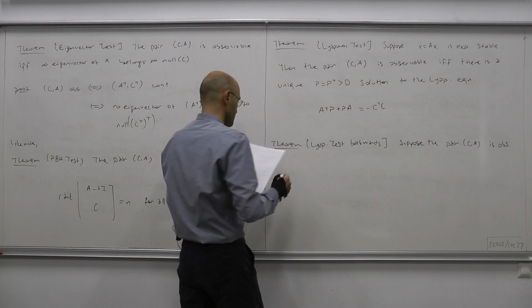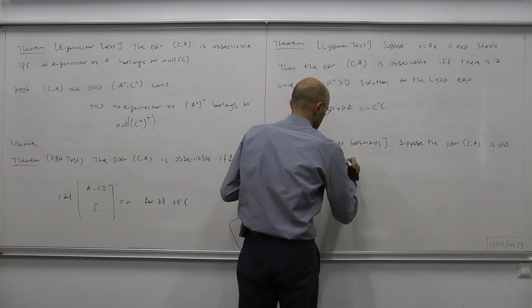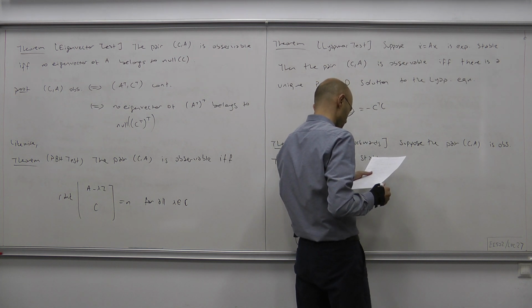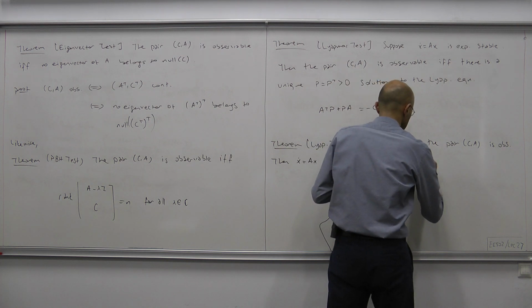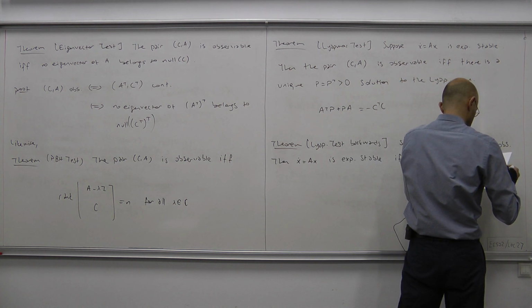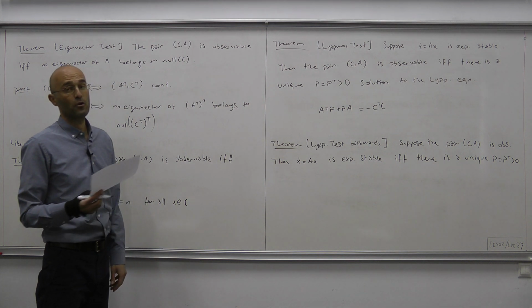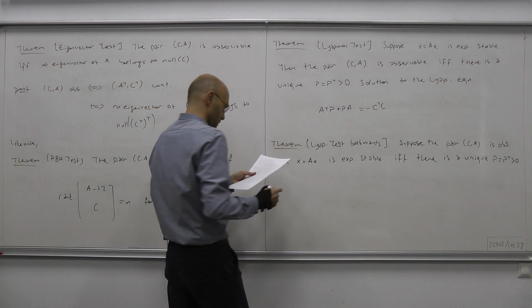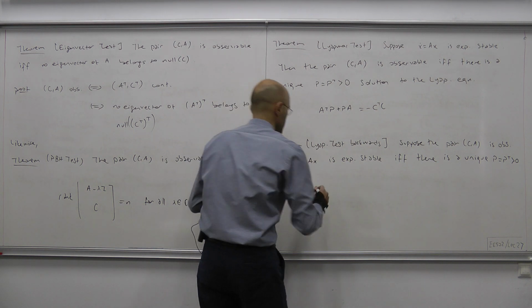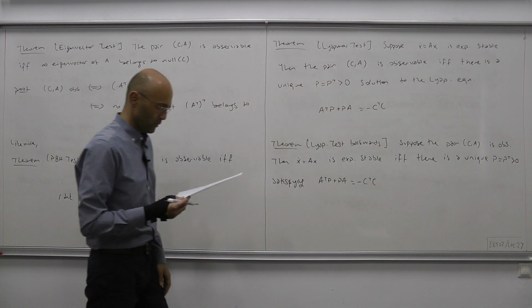Then the system x dot equals Ax is exponentially stable if and only if we can find a P, a symmetric positive definite matrix which solves, and it turns out that it solves it uniquely, the Lyapunov equation satisfying A transpose P plus P A equals minus C transpose C.